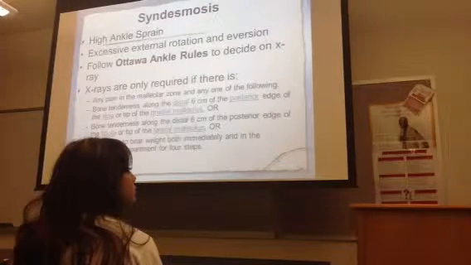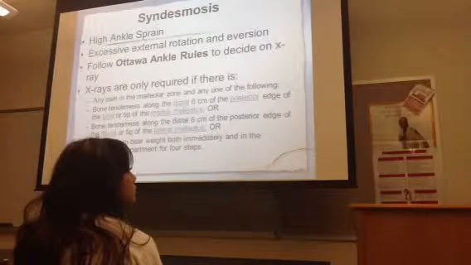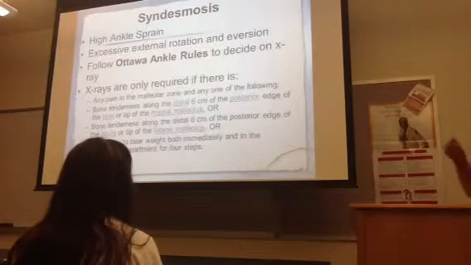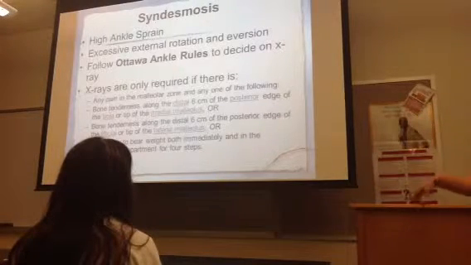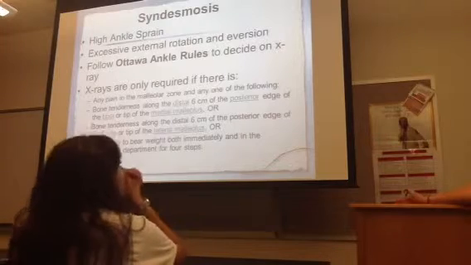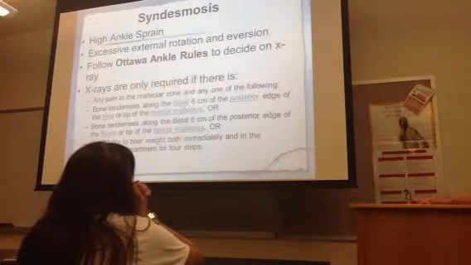And what you want to do is make sure you rule out a fracture, of course, and if you follow the Ottawa ankle rules to decide on an x-ray, which we never decide on x-rays, doctors always do that.